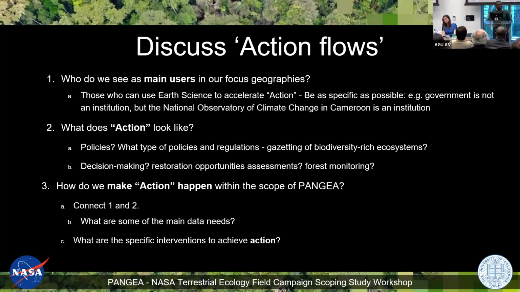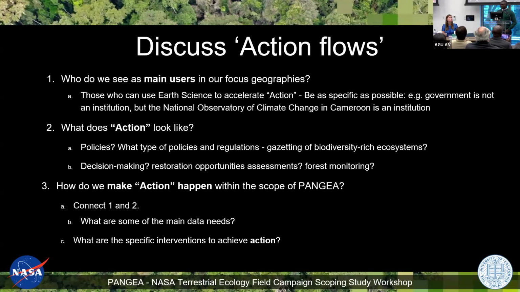So just stating that the government will use the data is probably not enough, because in some places we have specific agencies that are already doing a lot of work. And I'm thinking of the National Agency for Climate Change in Cameroon, for example, or AGIOS in Gabon, but they work already with very well identified actors. So it'd be good to start identifying some of those users, some of those who take action based on the data that we'll be producing here.